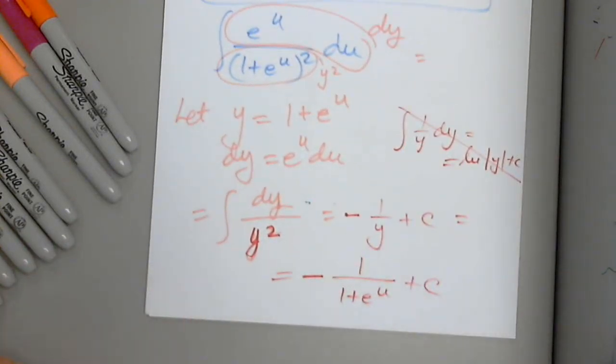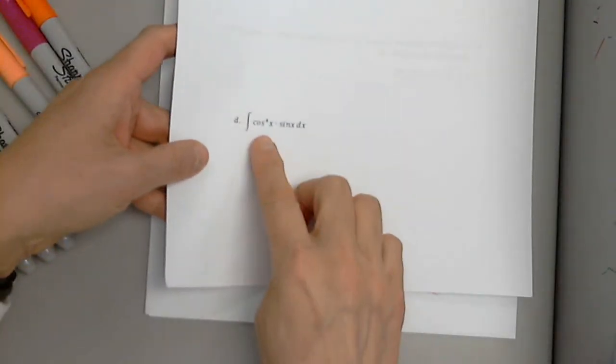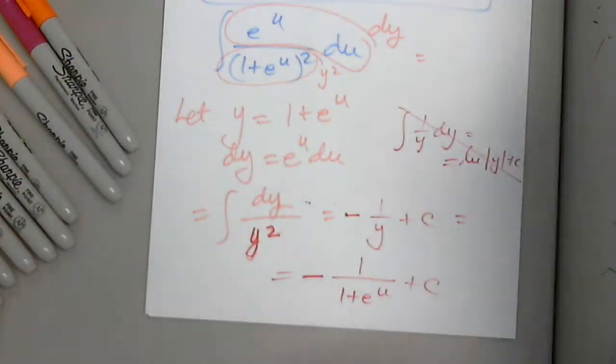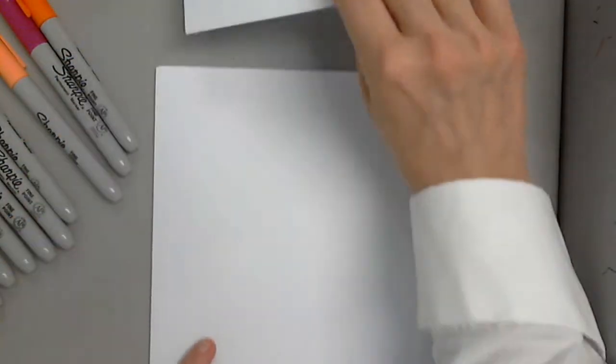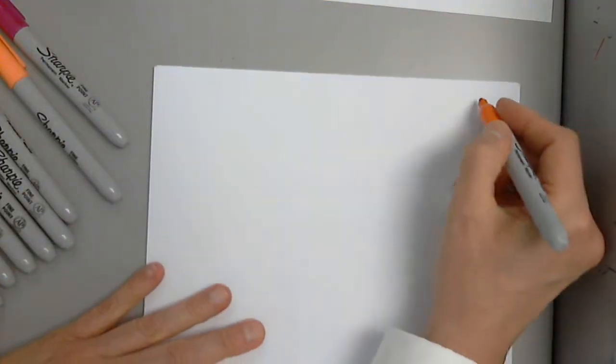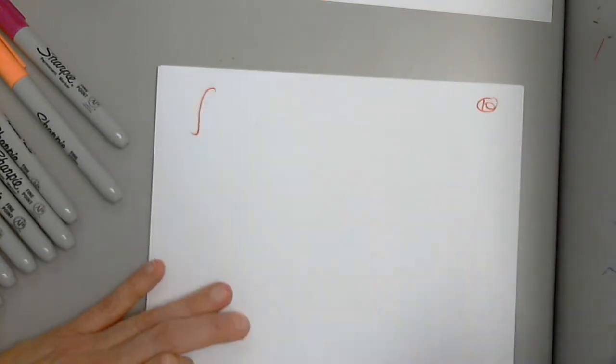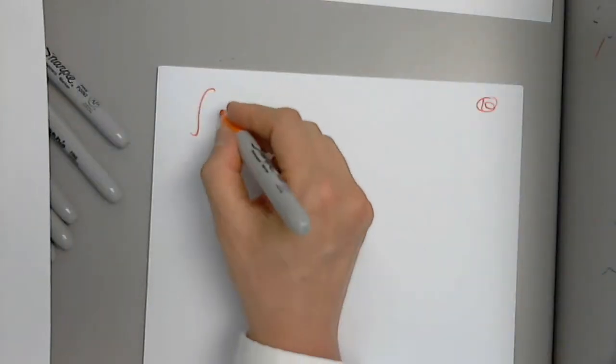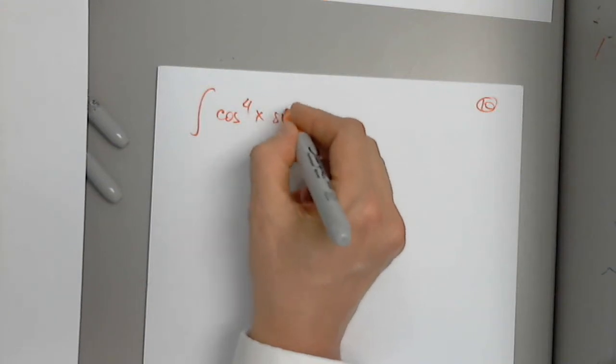Other questions here on this problem? Other questions? Anything? Okay, excellent. We move on to D. So the integral of cosine to the fourth x sine x dx.